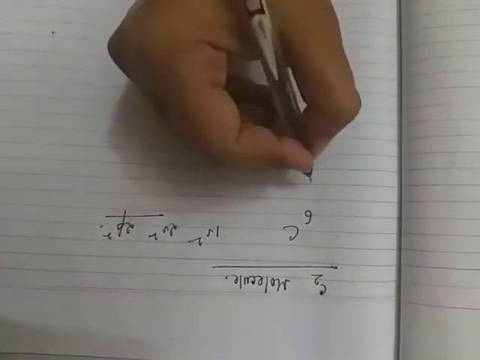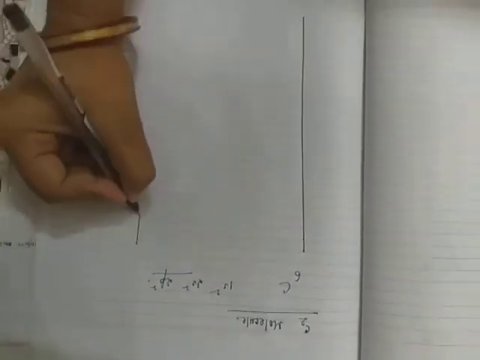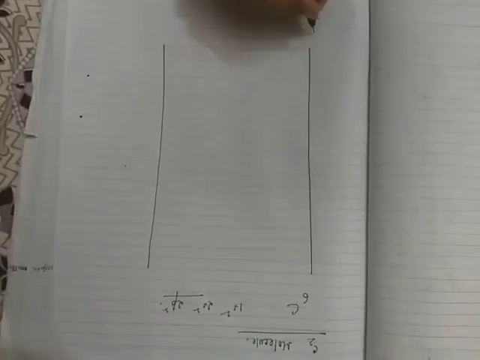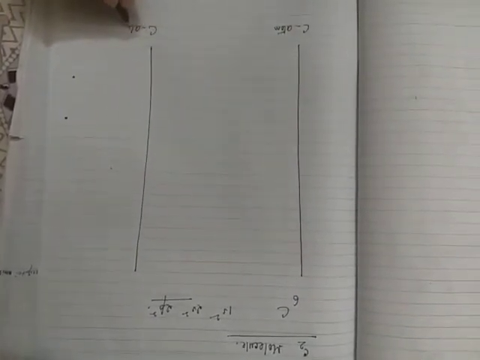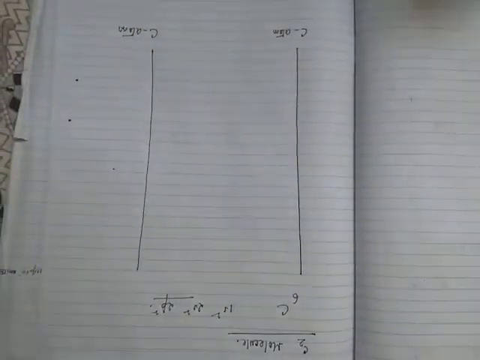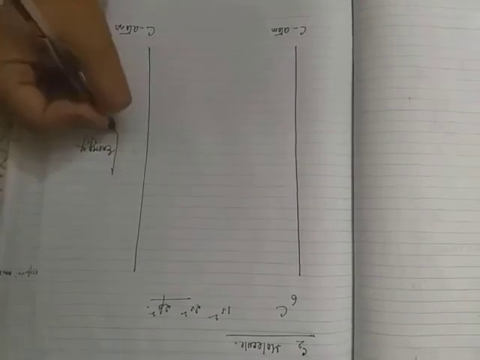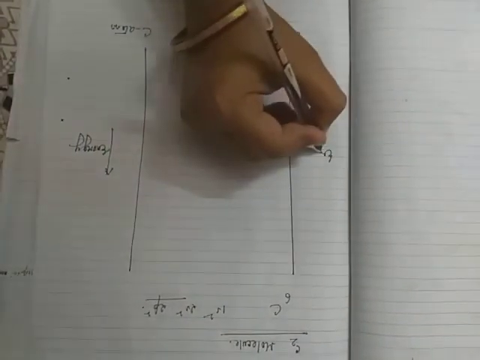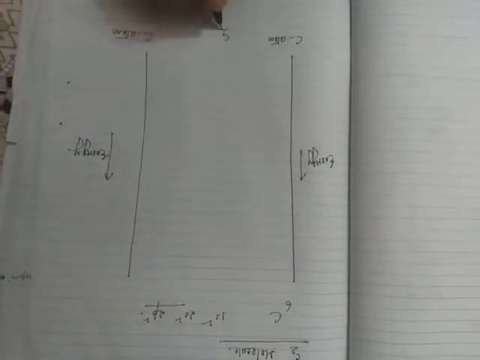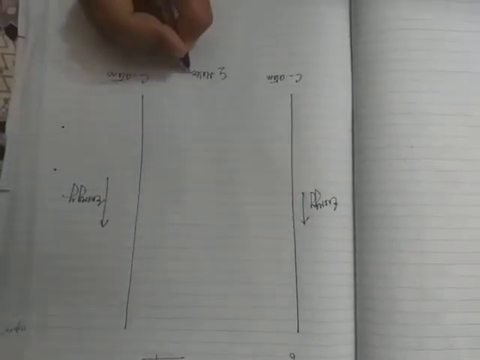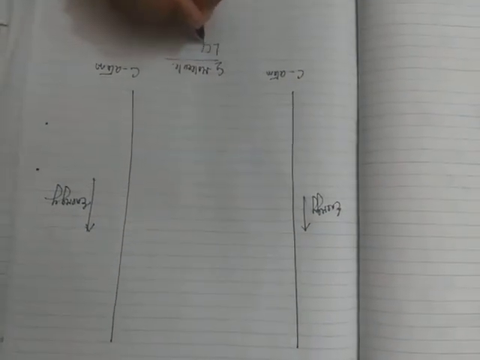In this molecular orbital diagram, what we have seen, this is for a single carbon atom, this is for another carbon atom, this is our energy level, and this is the C2 molecule where linear combination of atomic orbitals would take place.